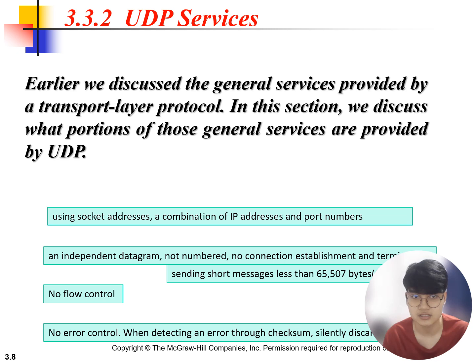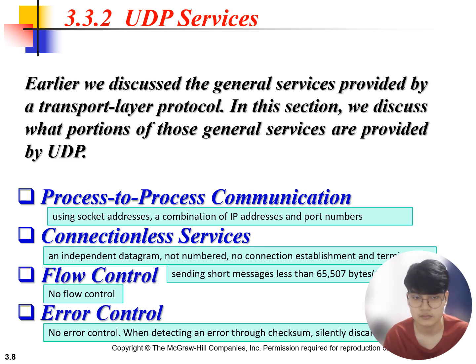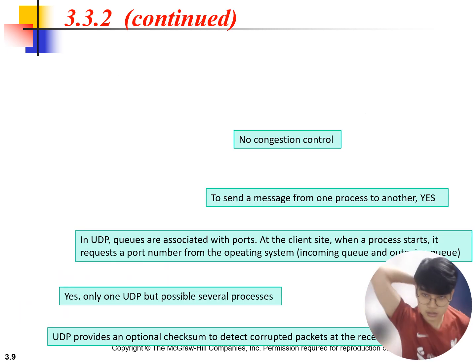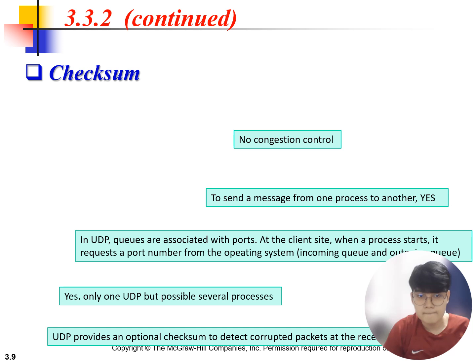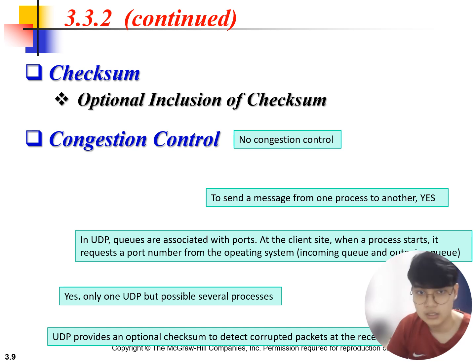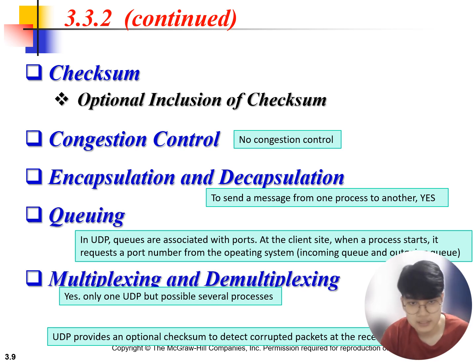In this section we discuss the portion of those general services provided by UDP: process-to-process communication, connectionless service, flow control, error control, checksum, optional inclusion of checksum, congestion control, encapsulation and decapsulation, queuing, multiplexing and demultiplexing.